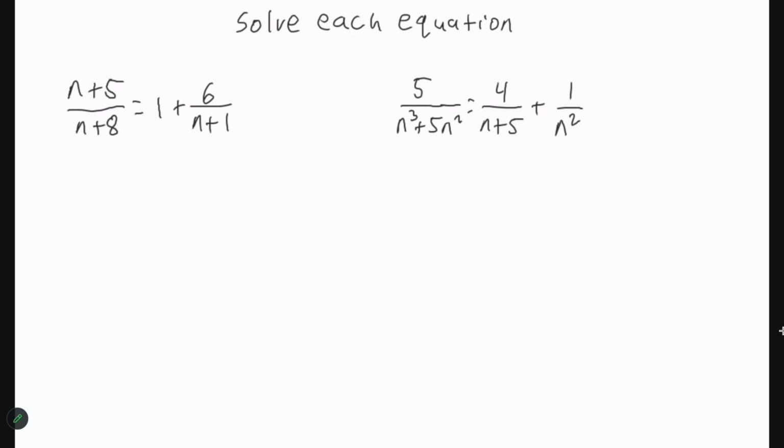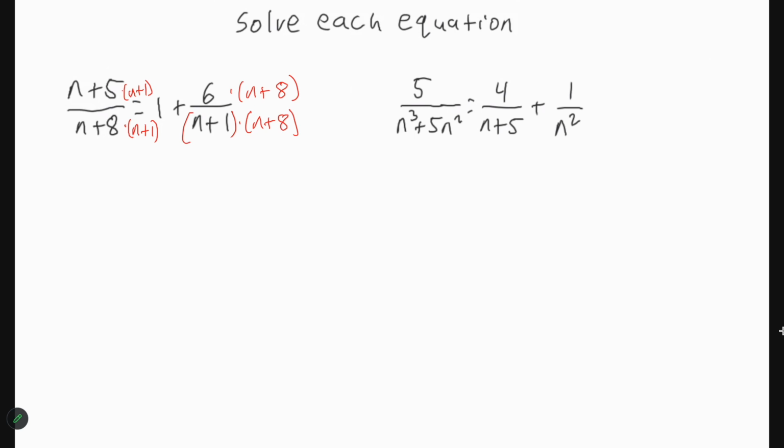So we're going to have to multiply n plus 1 on the first one, and then n plus 8 on the second one, and then on the third one, rather, because then the 1 is going to multiply by both, because 1 as a fraction is 1 over 1. I don't have room to write that, but that's going to have to multiply on top and bottom by n plus 1 and n plus 8.